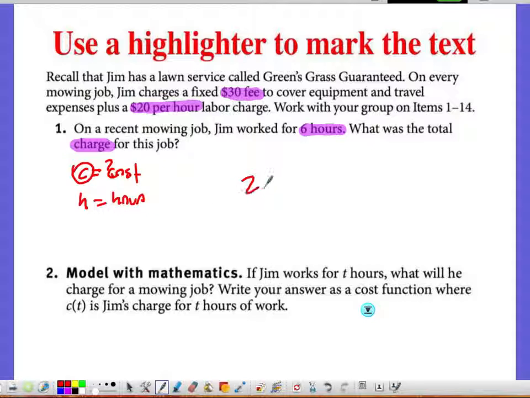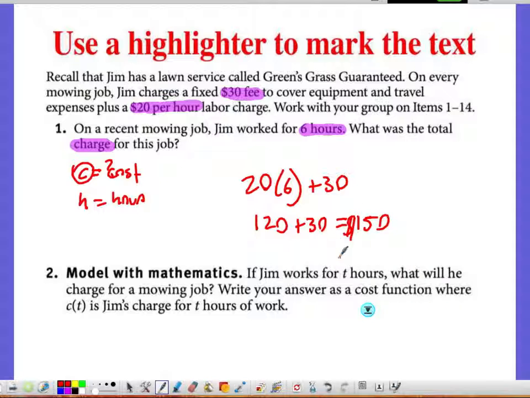Since we're charged $20 an hour for 6 hours, we have to multiply them together. And since we have a fixed fee of $30, we just add those $30 at the end, and that, ladies and gentlemen, is going to give me my total charge. So 6 times 20, I believe that is 120, plus 30, so the total is going to be $150.